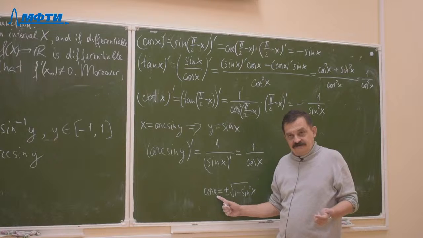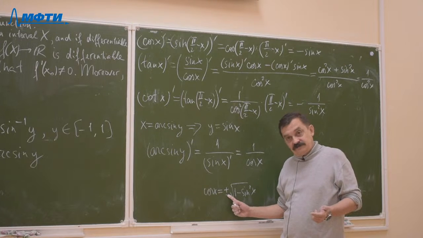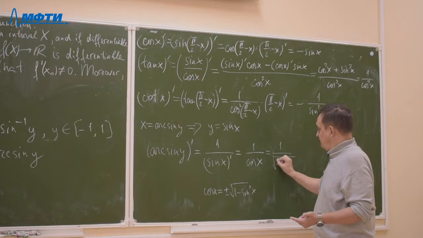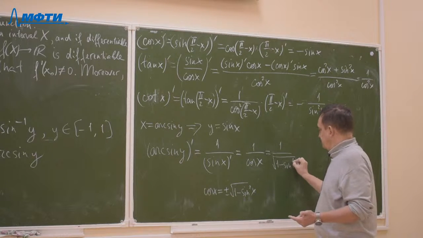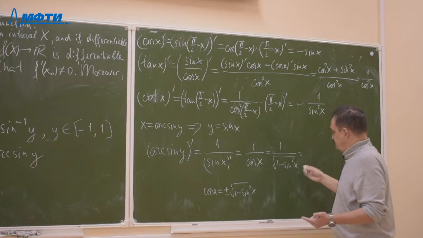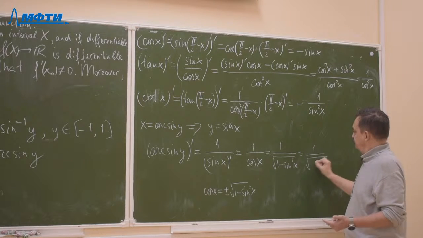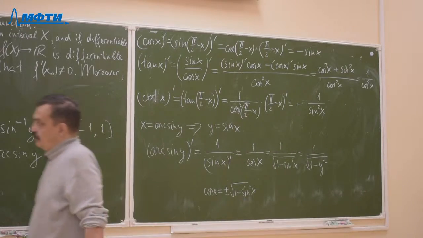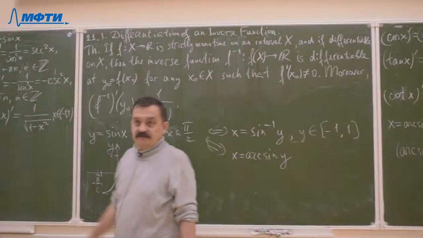Hence, we may choose only the plus sign. So there is 1 over square root of 1 minus sine squared x, and sine x is y. That is how we obtain the result.